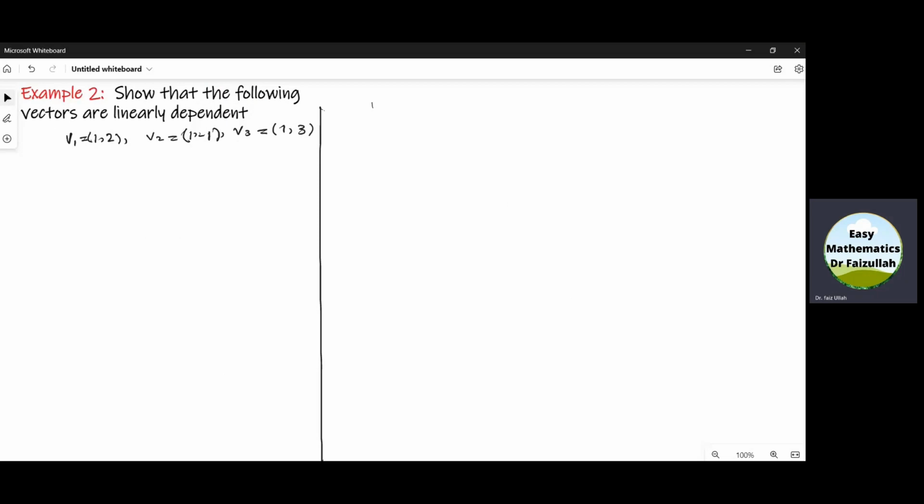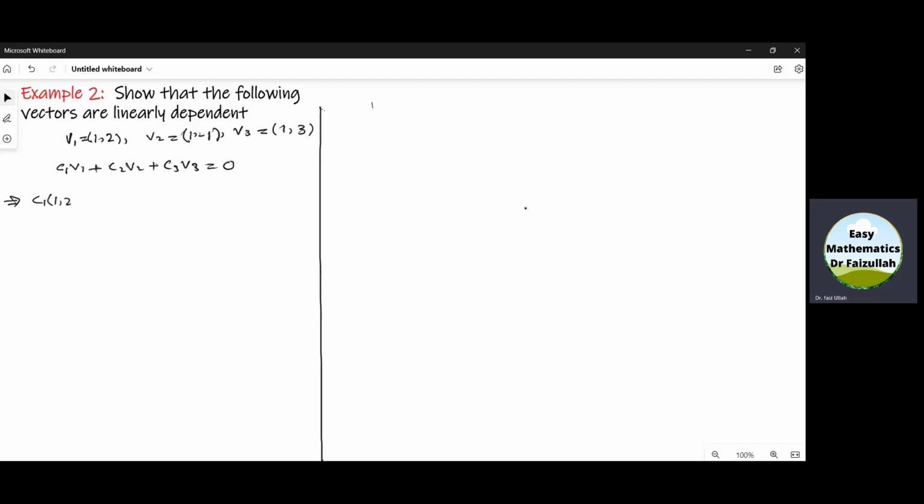In example number 2, we show that the given three vectors are linearly dependent. In a similar procedure, we shall put the linear combination C1V1 plus C2 V2 plus C3 V3 equal to a zero vector. Let us substitute the values of V1, V2 and V3.